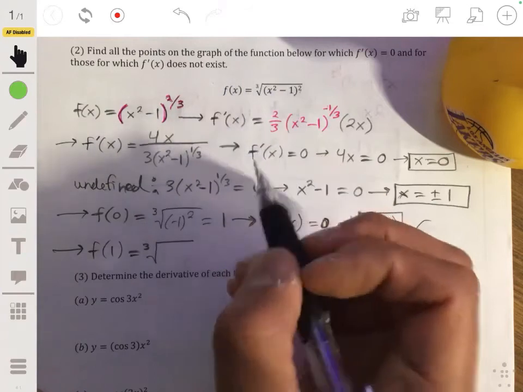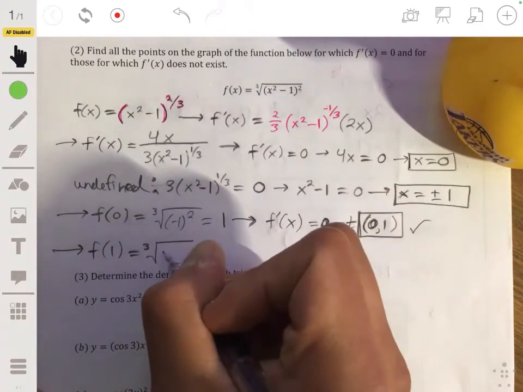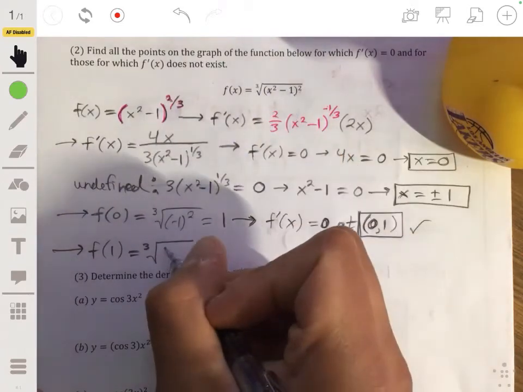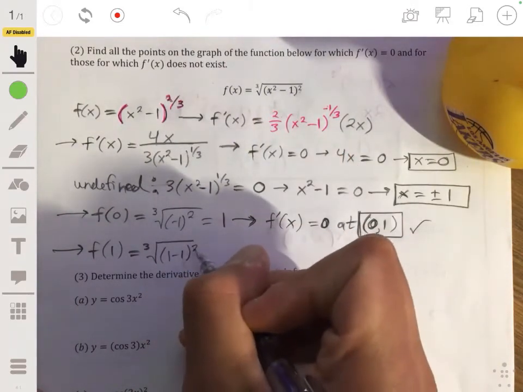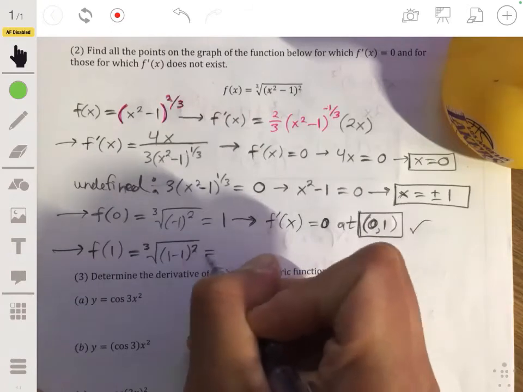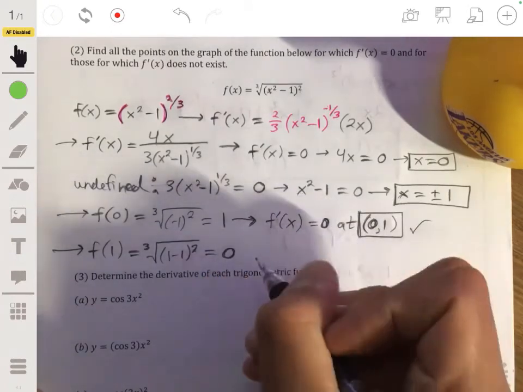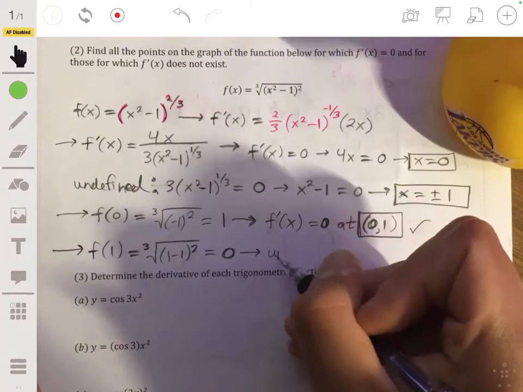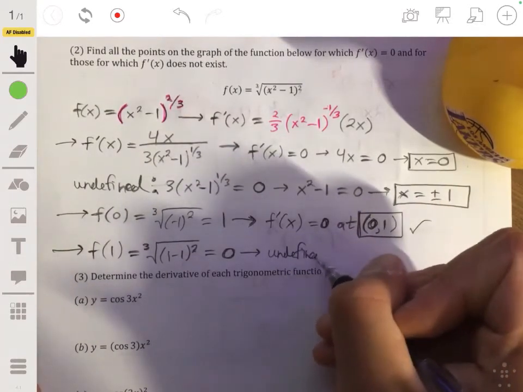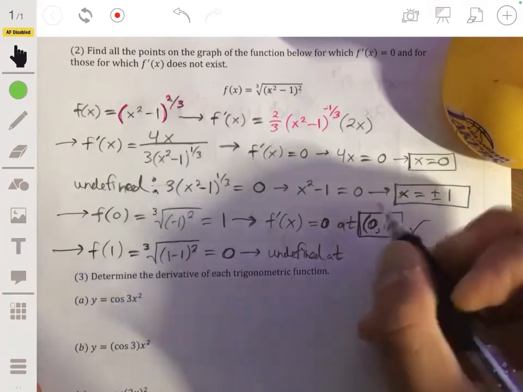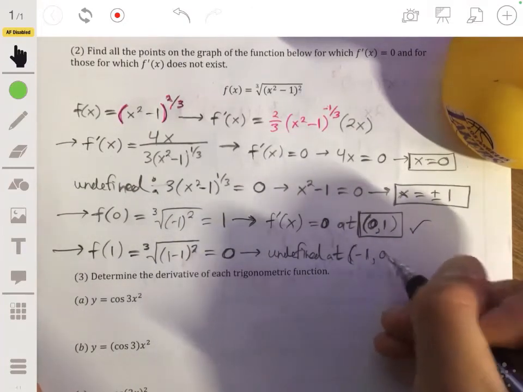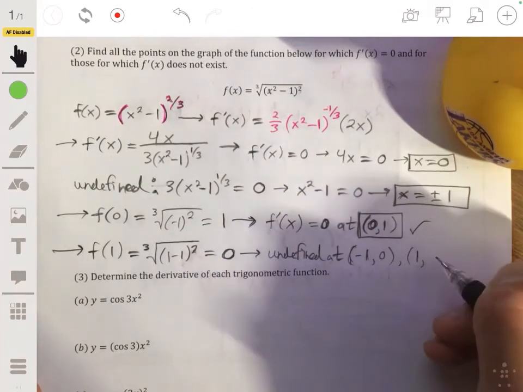So inside here, you'll get 1 minus 1, and then you'll get the cube root of 0. So it's undefined at negative 1, 0, and at 1, 0.